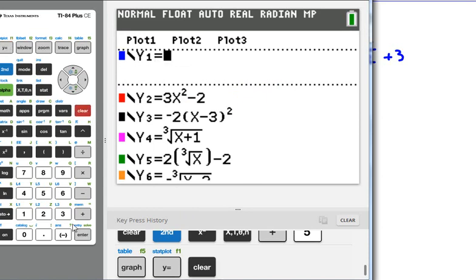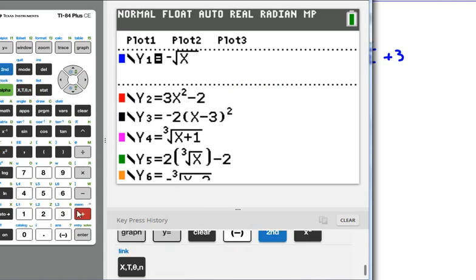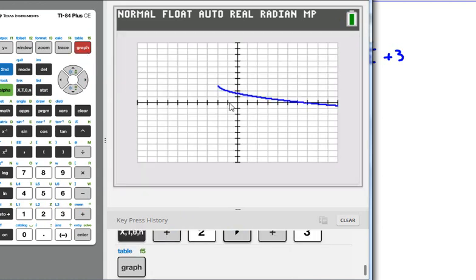So clear, negative square root of x plus 2, and come out here and say plus 3. Hope this works out. Graph. So there's where the thing starts. Looks like our y-intercept is between 1 and 2.